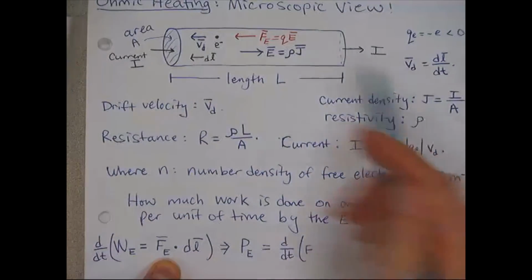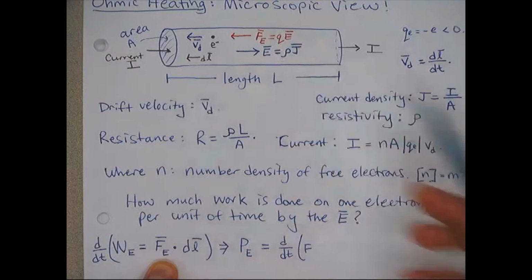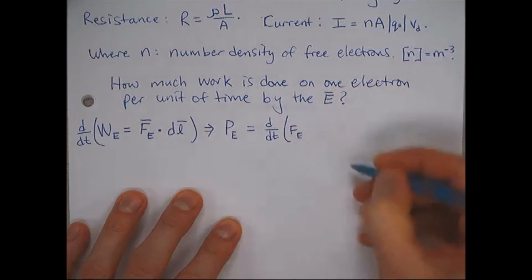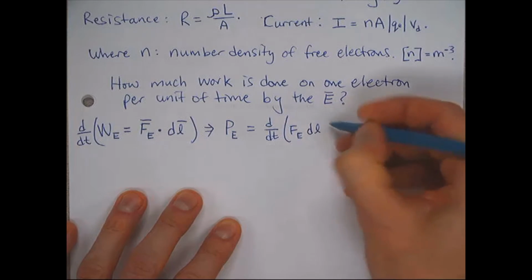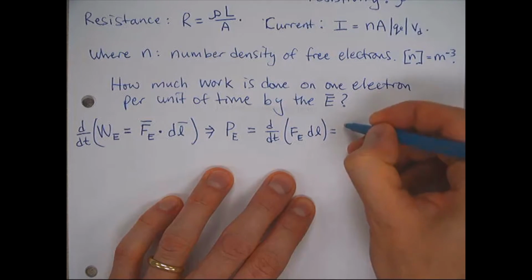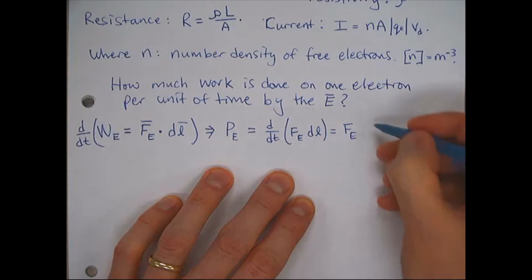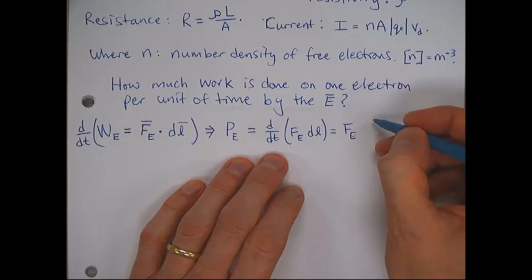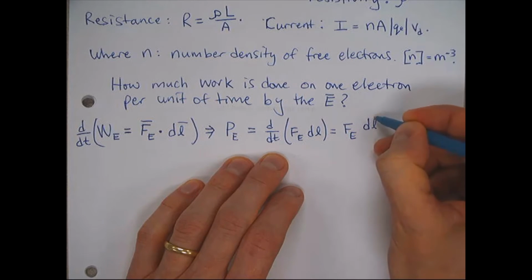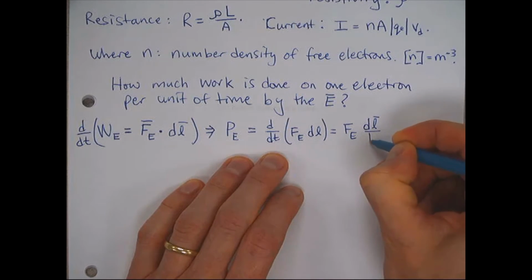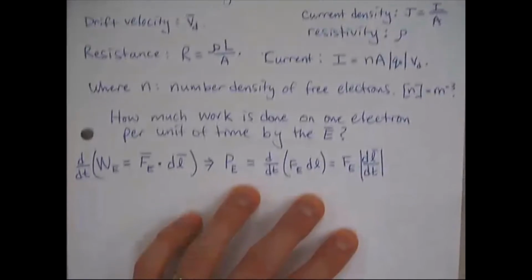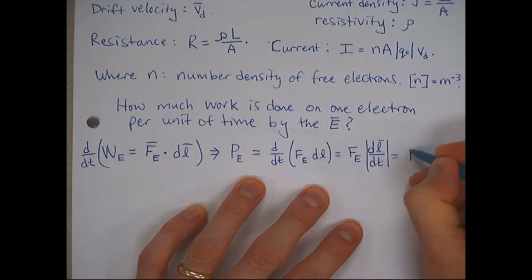Our force and our dl vectors are parallel, so their dot product will simplify to just the magnitudes multiplied by one another. With a constant force, this is just dl dt, and that, as we defined earlier, is the drift speed.